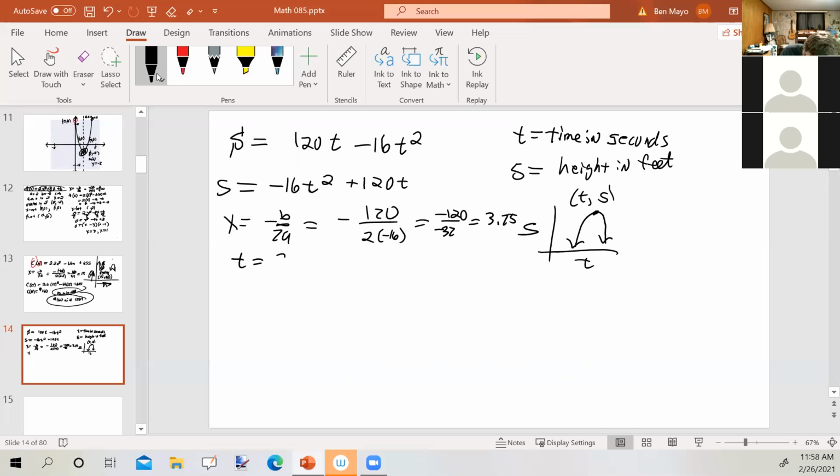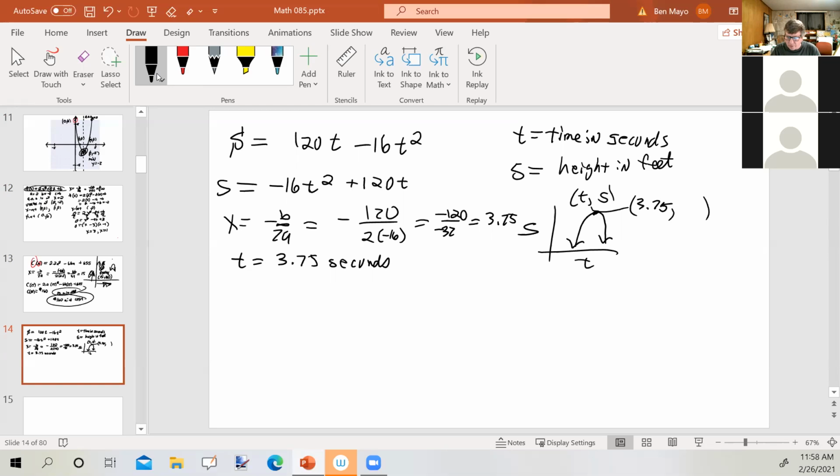So t is 3.75 seconds, okay? That's the input value of the vertex. That's the time it takes for that fireworks to reach the maximum height.